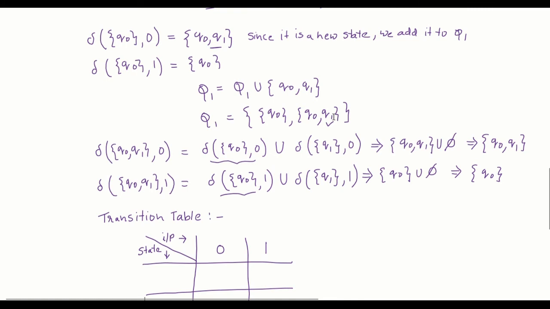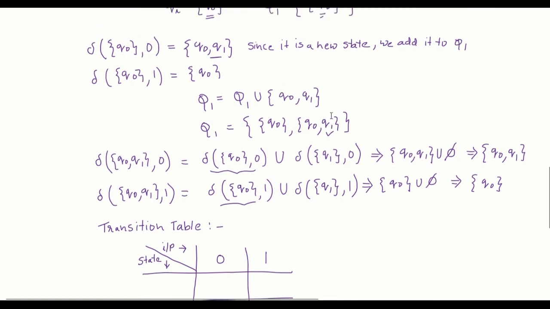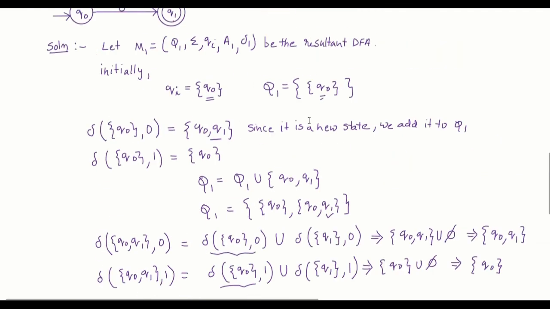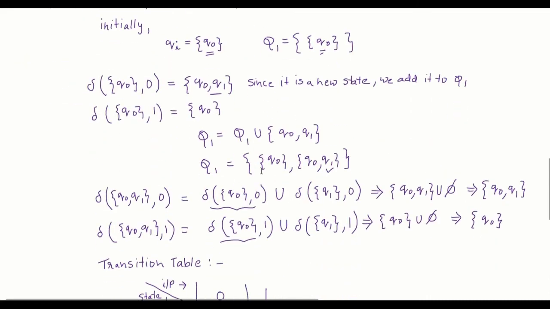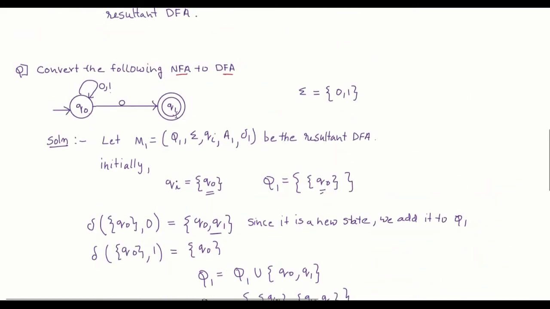Only two states. Now, how should we decide which is the final state among these two? For that, you need to check your NFA and find out which state in the NFA is the final state. So here Q1 is the final state of the NFA. Now, among the states of the DFA, if any subset contains Q1, the final state of the NFA, even as just one element, that whole subset is considered a final state.